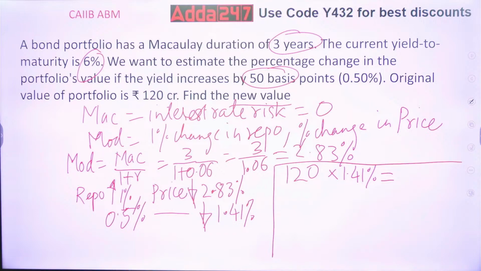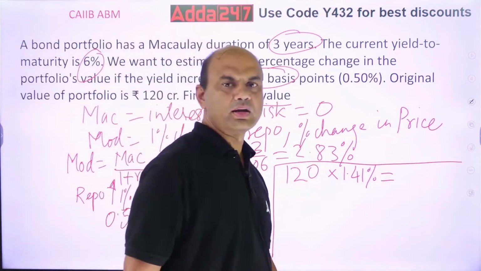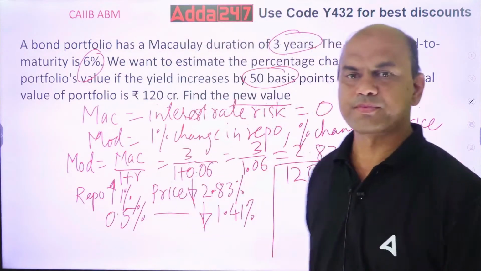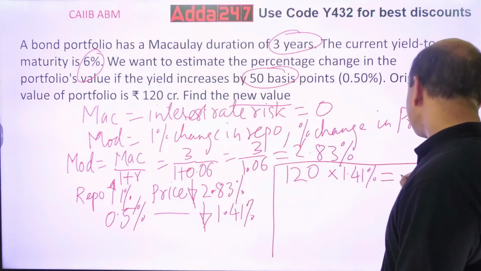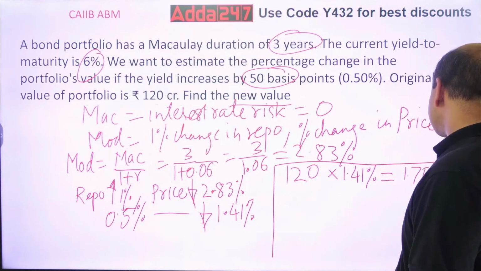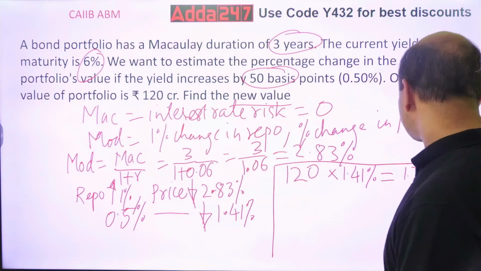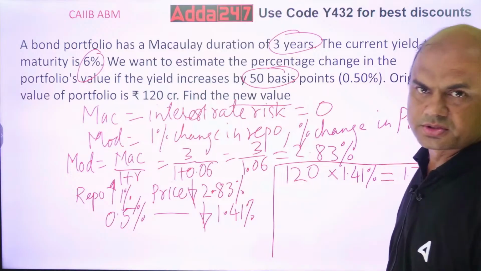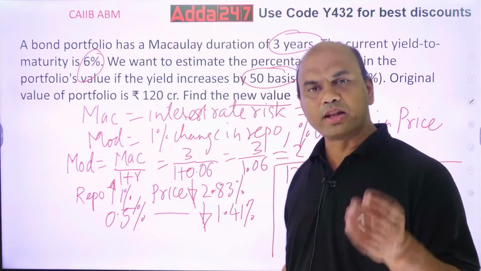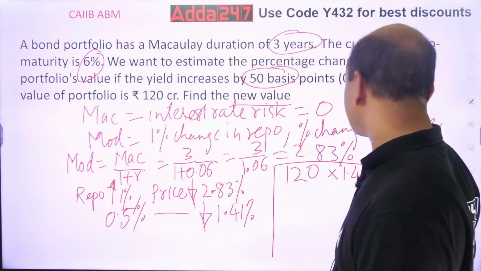So 1.698, so roughly you can take it 1.70, isn't it? What are you getting? 1.70. This is in crores, because this was in crores. So the value of my portfolio will fall down by 1.70 crores.